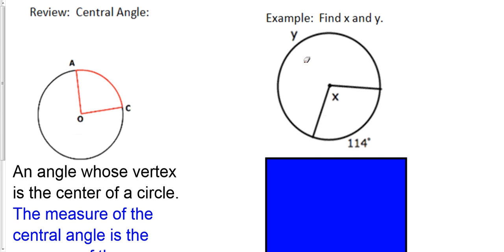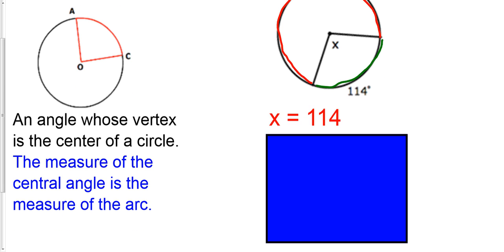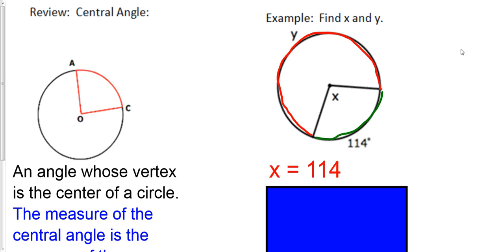So using that as an example here, we need to find x and y. Y in this case is this arc measuring from here all the way around to here. Almost kind of looks like a Pac-Man. And x is this central angle. Now, if this arc is 114 and the central angle x is always going to be the same as that arc, then obviously x is 114.